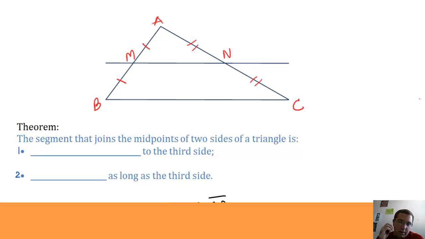So I've got this last theorem here that says the segment that joins the midpoints of two sides of a triangle, and I'm going to be able to say two things about this segment. Segment MN that joins the midpoints of two sides of the triangle, what is its relationship to the third side? It's parallel. Good. It must be parallel to the third side.